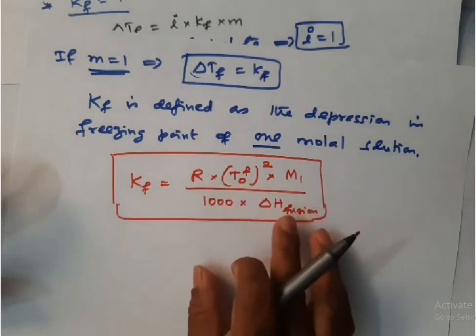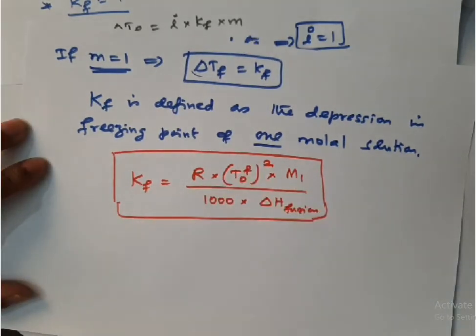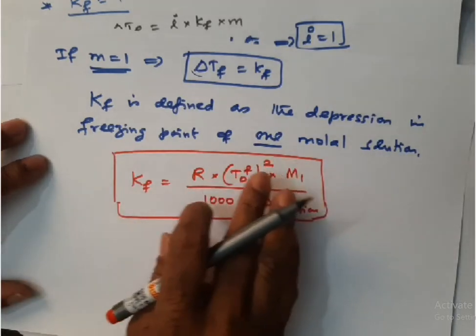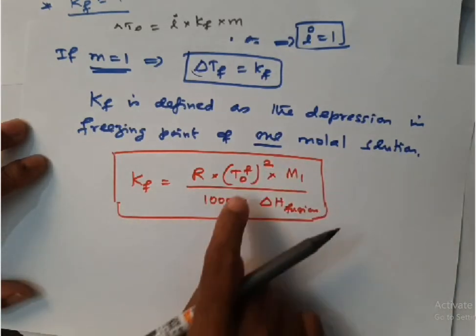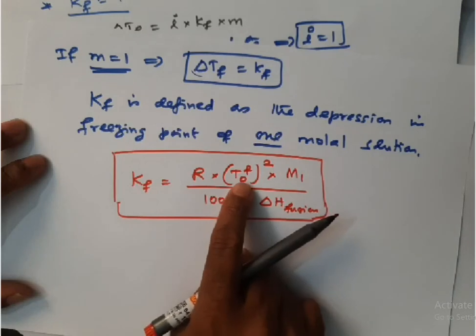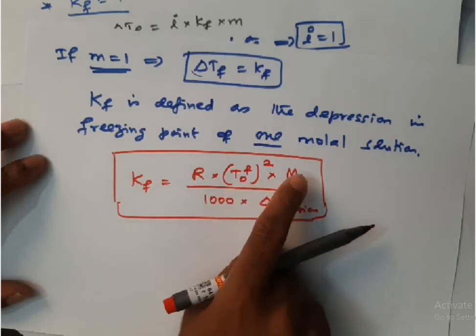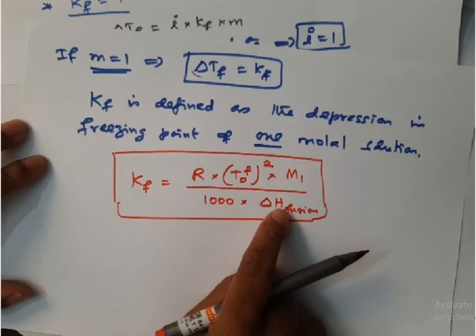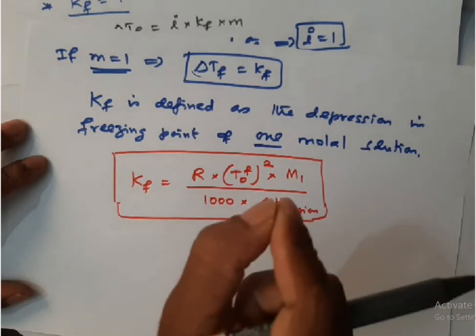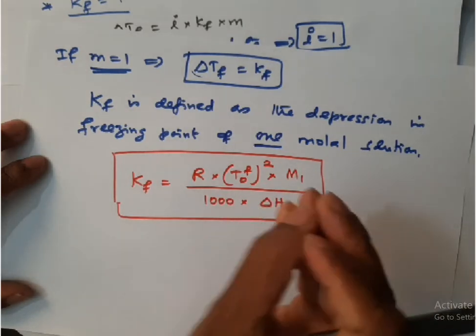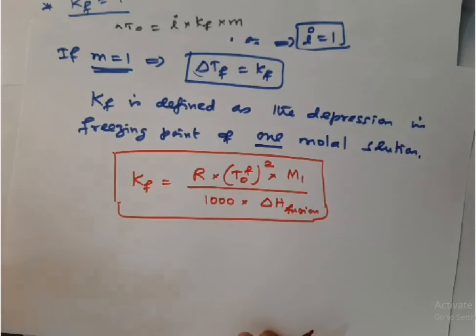Okay, so in this formula we have only variables which depend on the solvent alone. See, T naught f is the freezing point of the pure solvent, M1 is the molar mass of the solvent, and enthalpy of fusion is the amount of heat required to convert 1 mole of solvent from solid state to liquid state.